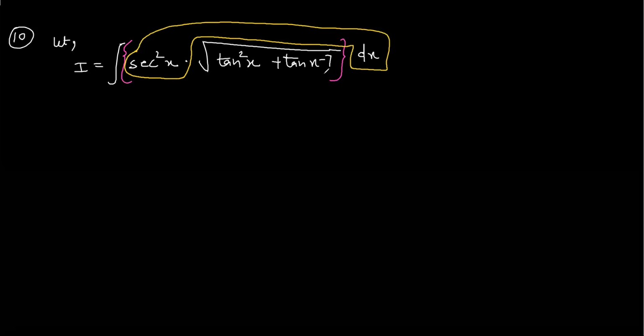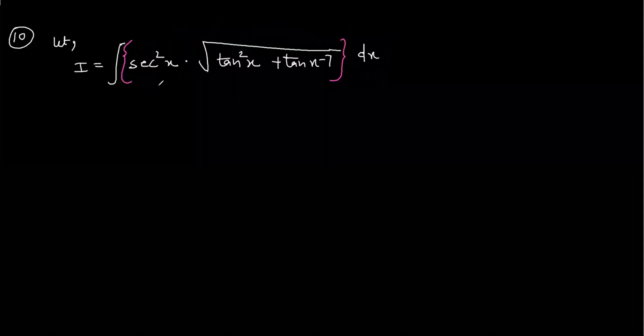Every time you substitute something as t, you differentiate it, because the differential has to change. If it is in x, it is dx. So when the integral comes in t, the differential has to be dt. So differentiation is a must. When I put tan x as t, differentiating, I will get sec square x dx. And now I go ahead.